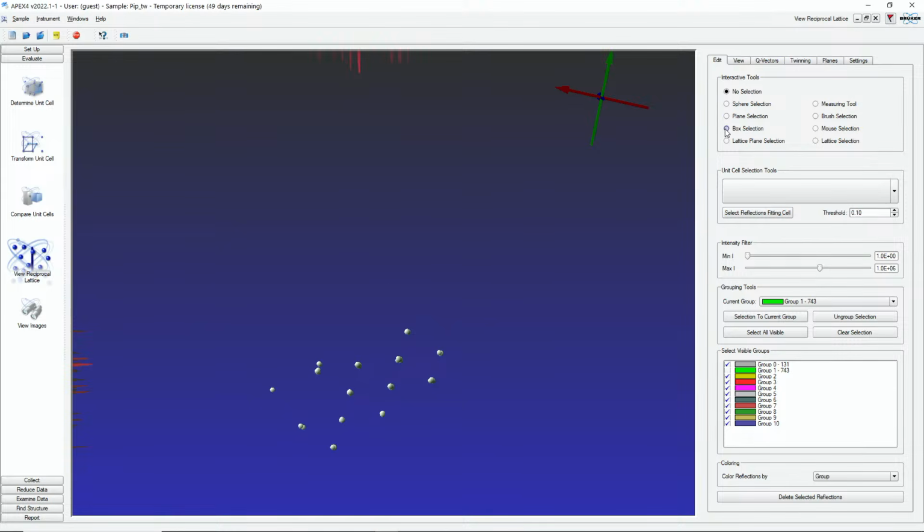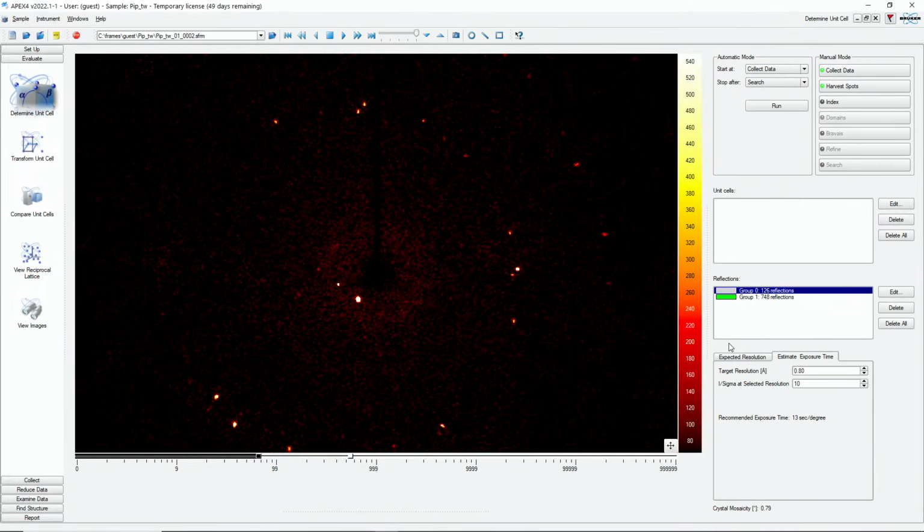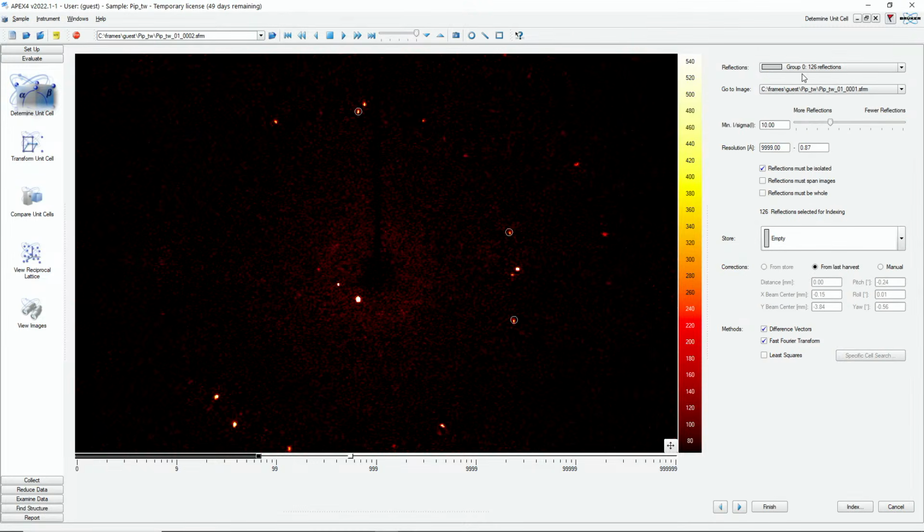I will use the box again and put those also into the green box. When I go back to indexing, you see that we now have two bins, the gray reflections and the green reflections. So now we index the green reflections into my green container for a matrix.